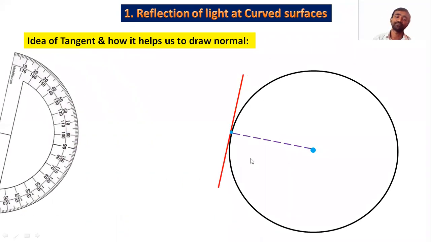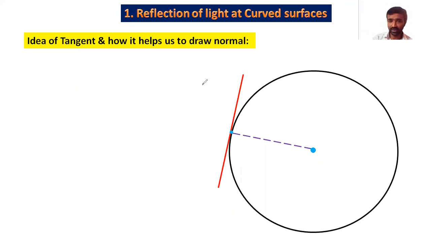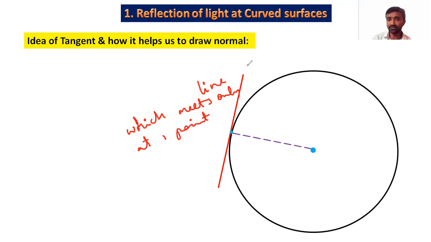Now look at. So this is a line I drew which meets the circle only at one point. If you extend this line for any length, can it meet the circle other than this point? Never meets.